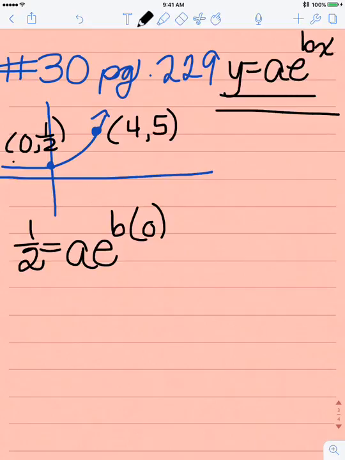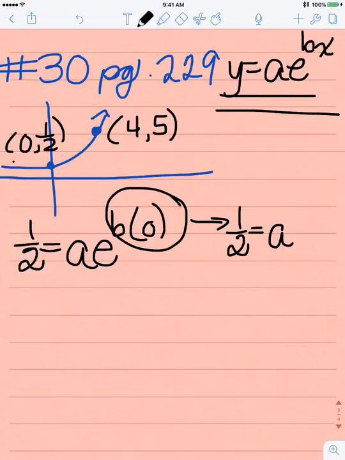So b times 0 is 0, so this whole exponent is now 0, and anything raised to the 0 power is 1, so just e, not a times e, just e raised to the 0 power is 1. So that leaves me with 1/2 equals a times 1. So a equals 1/2. So that's a start.